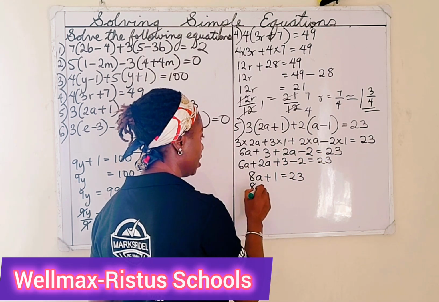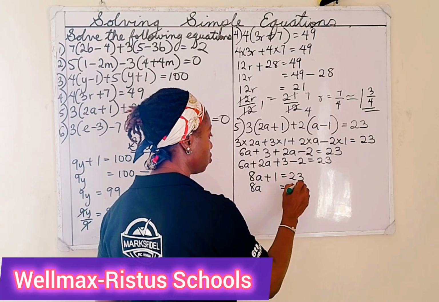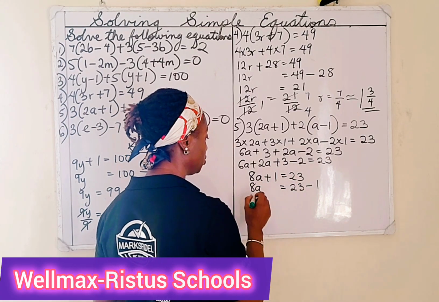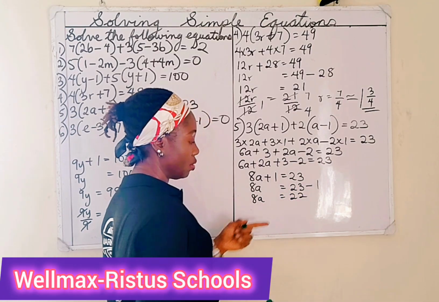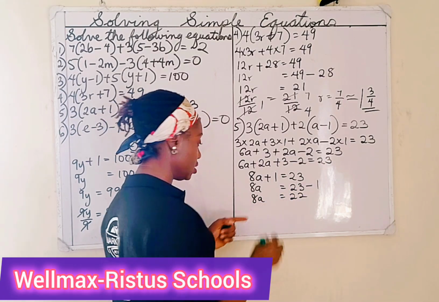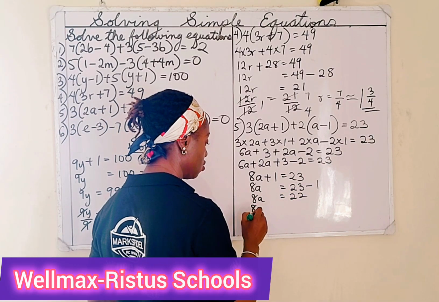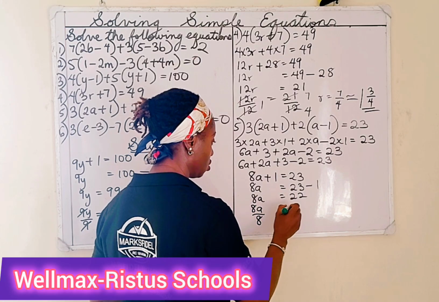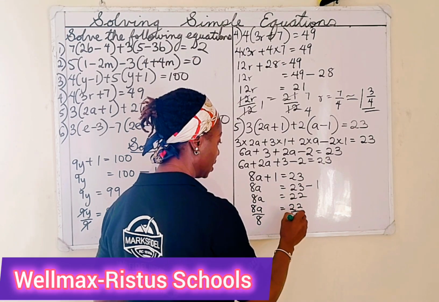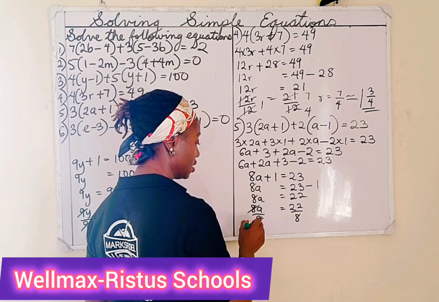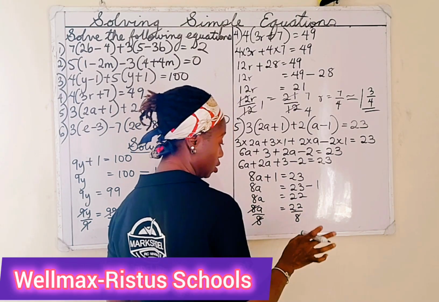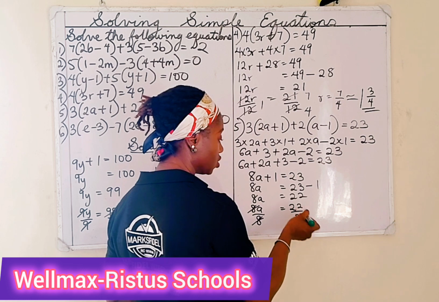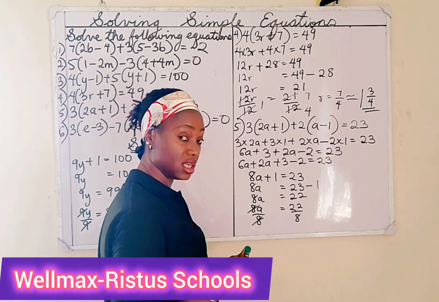Then we have 8a equals 23 minus 1. 8a equals 22. Then we're going to divide both sides by 8. Have 8a divided by 8 equals 22 divided by 8. 8 cross out 8, leaving a standing alone as a coefficient. Then 22 divided by 8, it can't divide evenly.